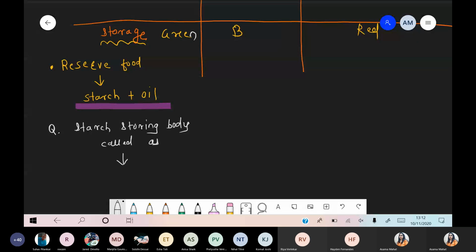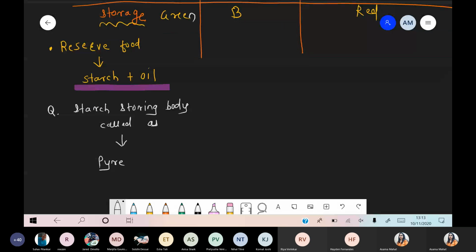Okay? Okay, Pratyusha, got it. So the starch storing body is simply called the pyrenoid. One question, what is the meaning of pyrenoid? So remember, pyrenoids are nothing but starch storage bodies.